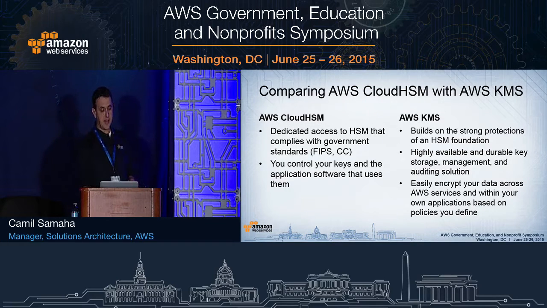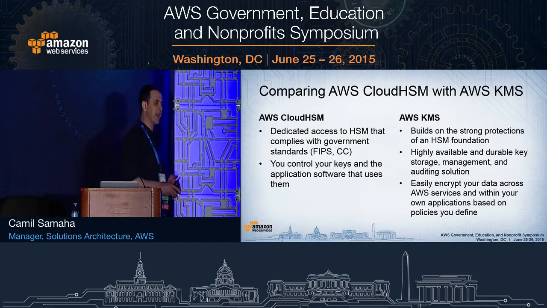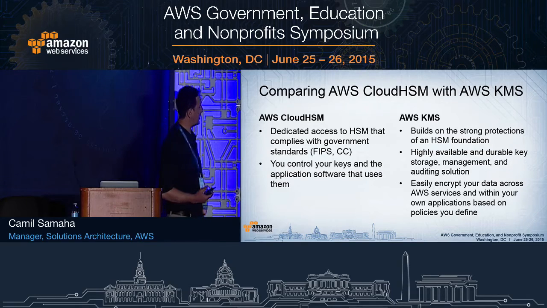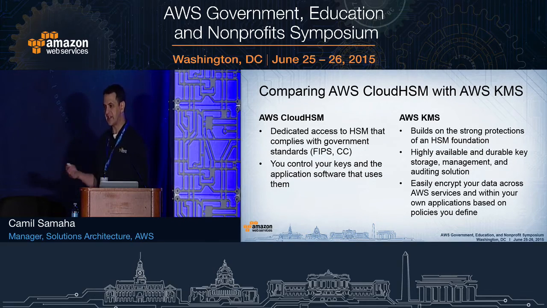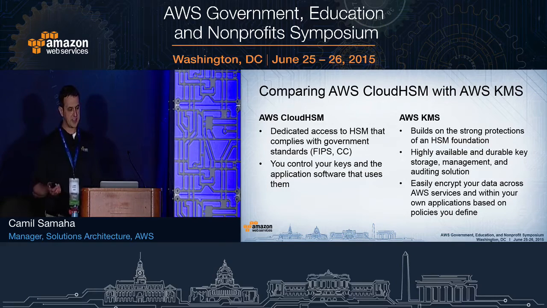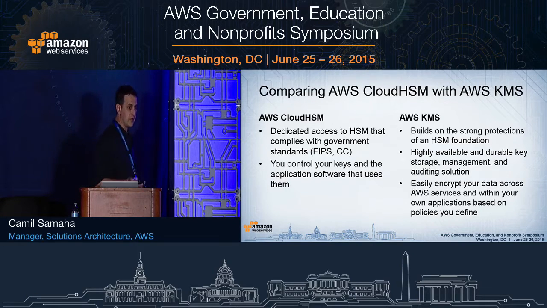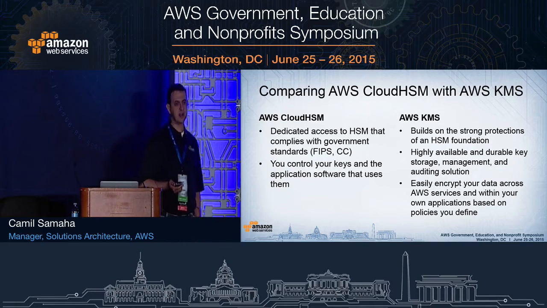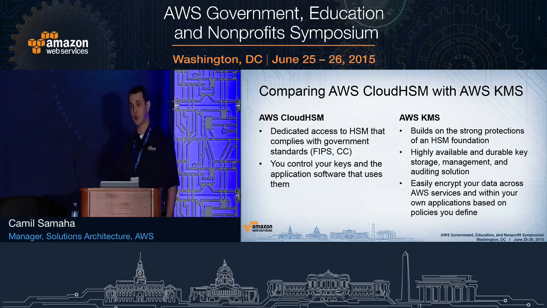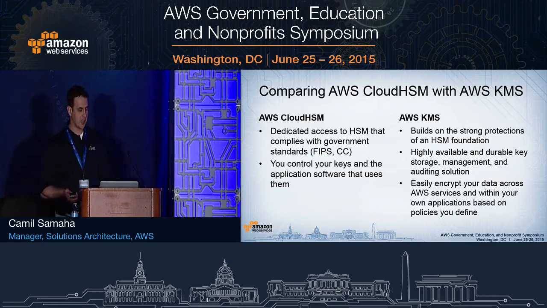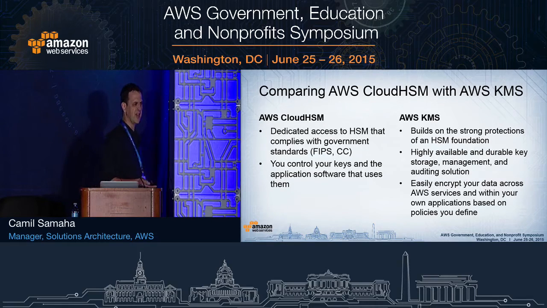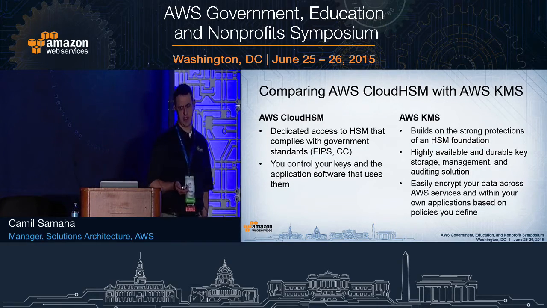So I wanted to do a quick comparison at a high level between CloudHSM and AWS KMS. CloudHSM is a dedicated appliance that meets several government standards like FIPS 140-2 Level 3, and also Common Criteria EAL 4, I believe.